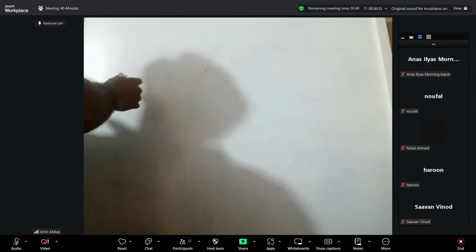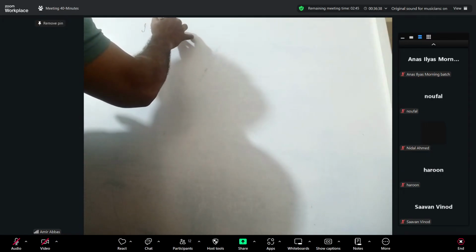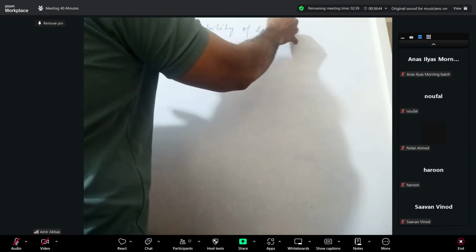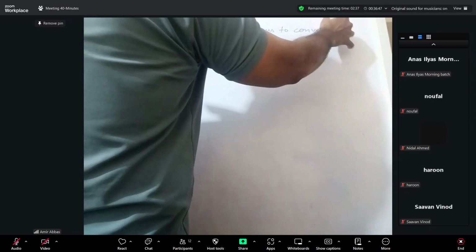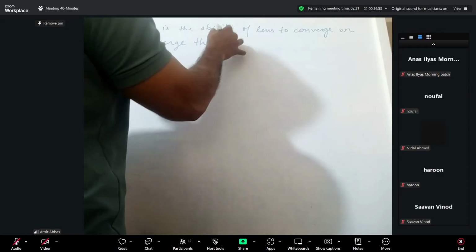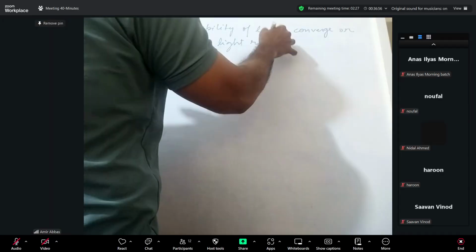Then what will be the power of the lens? The next heading is power of the lens. What is it?